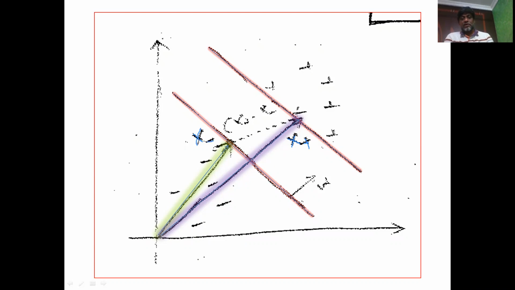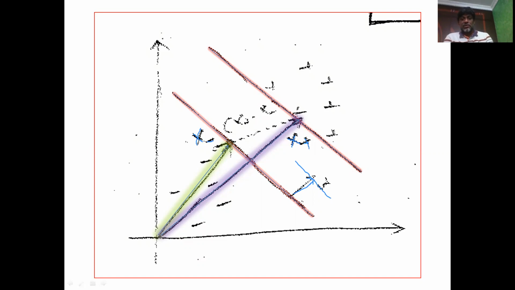And this is the unit vector w, which is taken as perpendicular to the corresponding hyperplane. The hyperplane will be like this. So we take it as a unit vector perpendicular to the hyperplane.